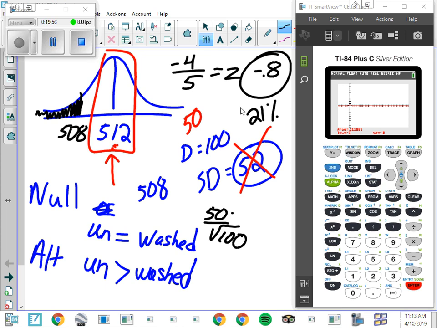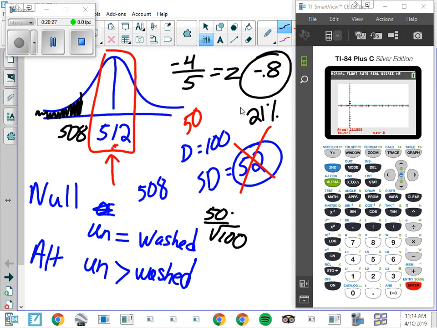So, accept the null or reject the null. Let's see if I can get this one right. Accept the null. It's a big percentage. So we accept the null, and accepting the null means what? The weight did not change. Now, so did the weight get lighter? No. What if the answer was yes?